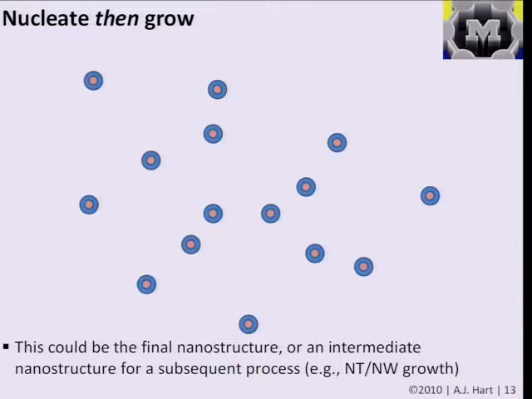Likewise, we'll see later examples of maybe here I just made this one pink and this one blue to emphasize that this was the nucleus and this is the other growth, but they're all one material. But there are other cases in which we could, say, change the material that we're supplying, and this could actually be, say, one compound, and this could be another compound.